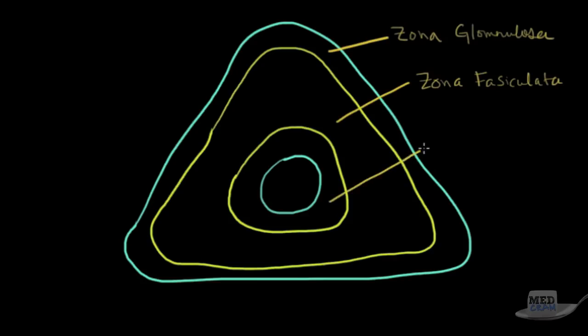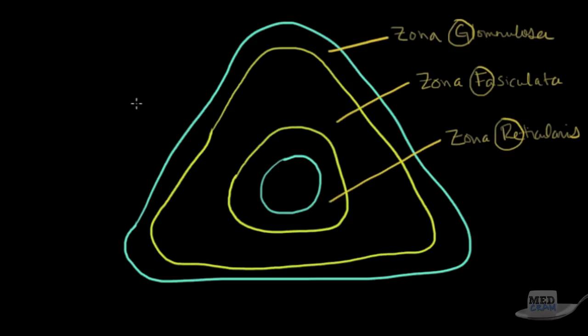And the last layer is the zona reticularis. So from outer to inner, it's G, F, R. It's a nice way to remember it. Zona glomerulosa, zona fasciculata, zona reticularis. We'll talk about each of these three layers.